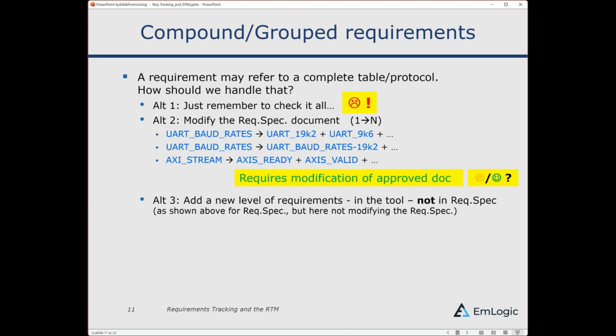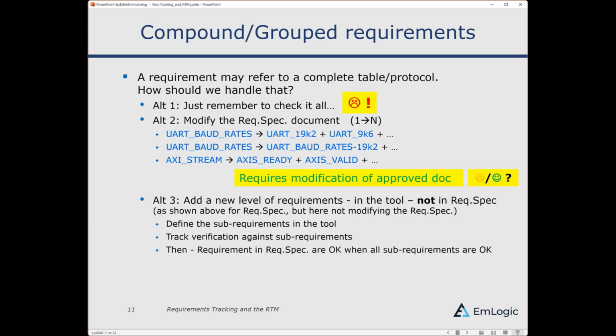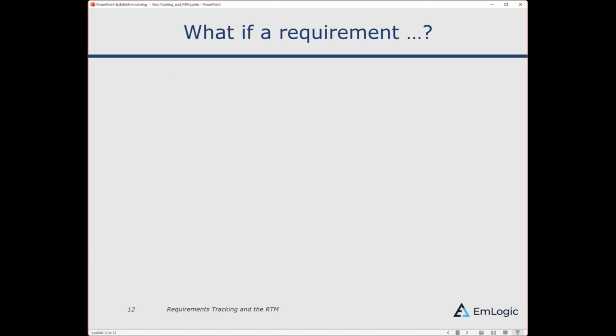And then it could be to also add this new level in the tool, not in a requirement specification, doing it the same way, but not modifying the requirement specification, but define sub-requirements in the tool and track against these sub-requirements. And only when all are okay, the requirement is okay. That, of course, requires tool support for this.